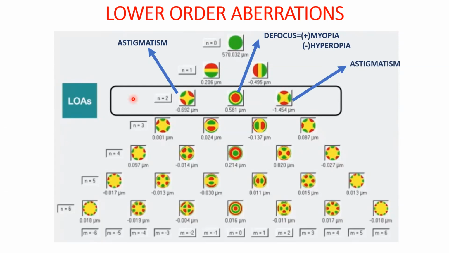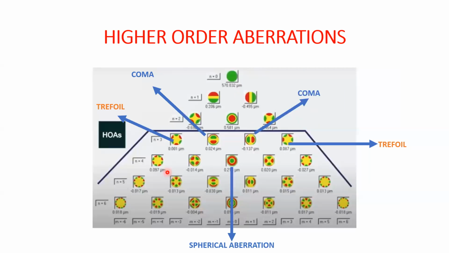So lower order aberrations are also the second order aberrations. Below that, whatever aberrations we see in the pyramid are all higher order aberrations, starting from the third order aberrations up to the 27th order aberrations.